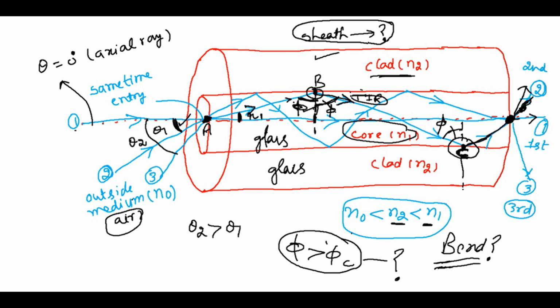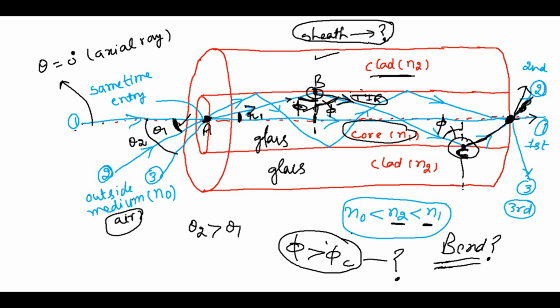So although ray number 1 and 2 have entered the fiber at the same time, they will not come out at the same time. The ray which will come out first will be ray number 1, because it is the axial ray and it has traveled minimum distance. The next ray that will come will be ray number 2.